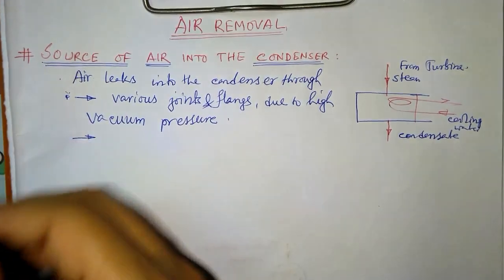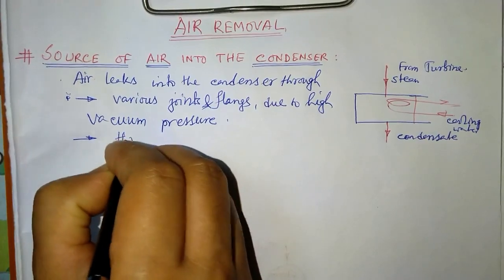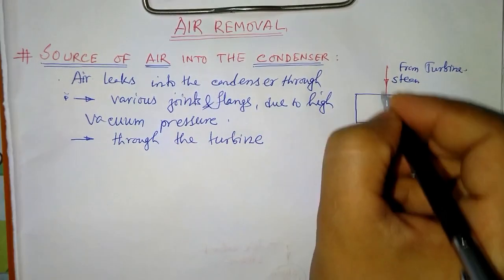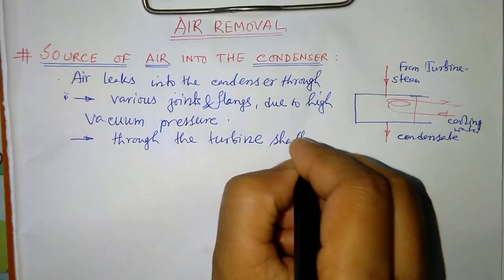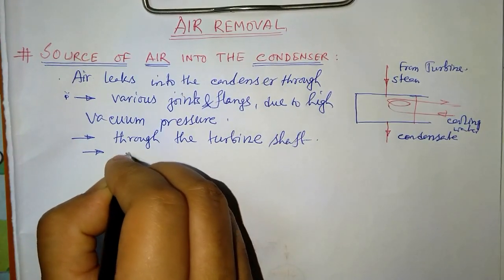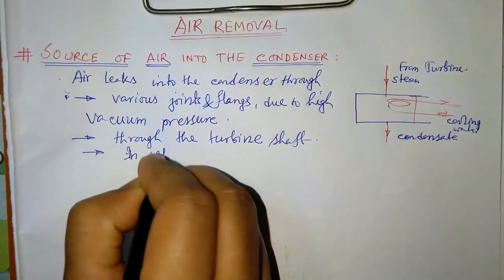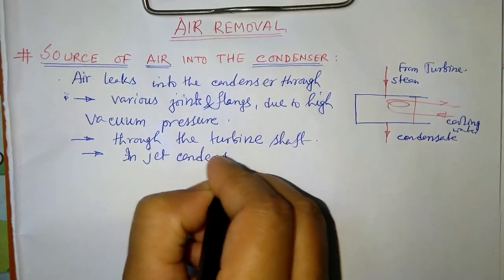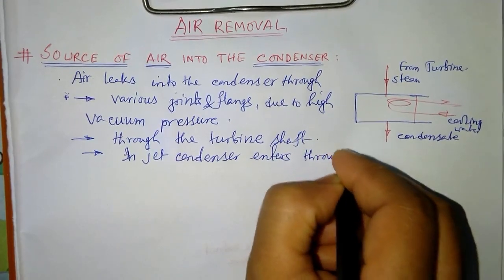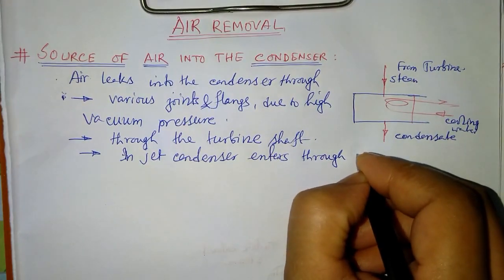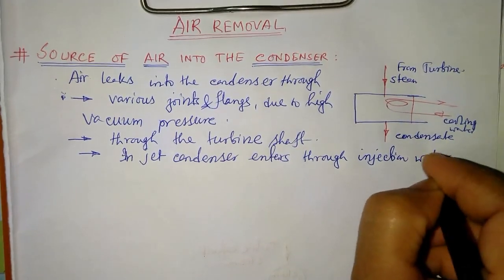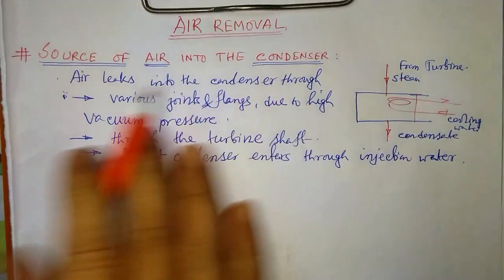Then we have seen that air comes with the steam through the turbine shaft, and another one we have seen is that in the jet condenser, air enters through the injection water. So this is how air enters into the condenser.